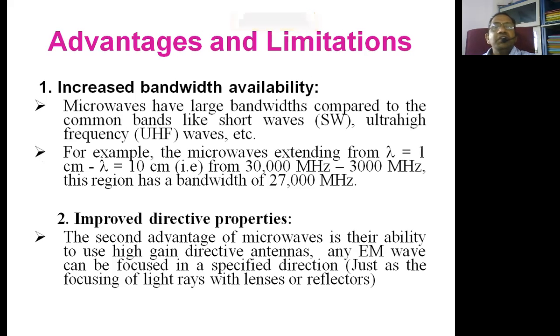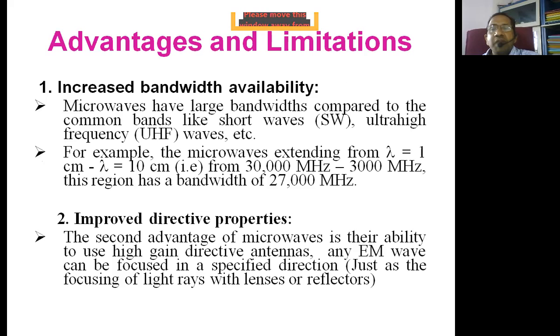The first advantage is the increased bandwidth availability. The bandwidth we can use in microwaves is very high. Therefore, we can use more channels and thereby transmit more signals with microwave transmission and reception.